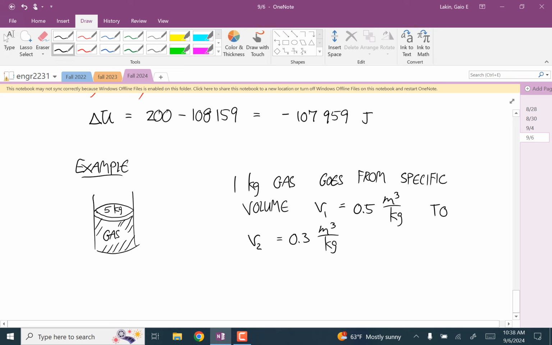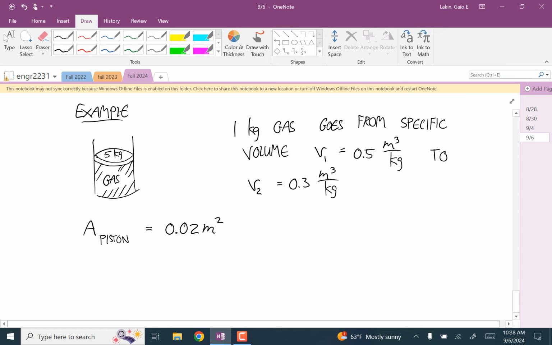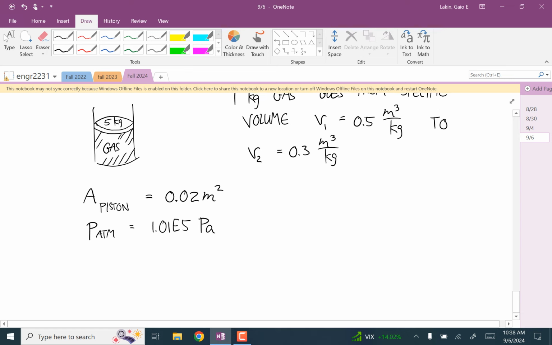And the area of the piston is 0.02 square meters. We're going to assume that atmospheric pressure is 1.01 times 10 to the 5th pascals.